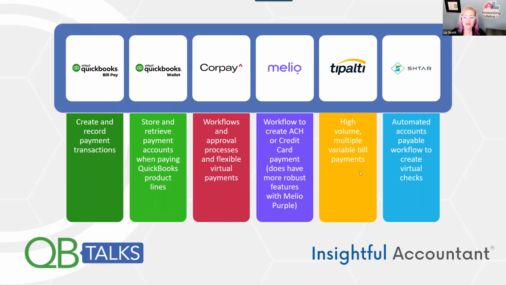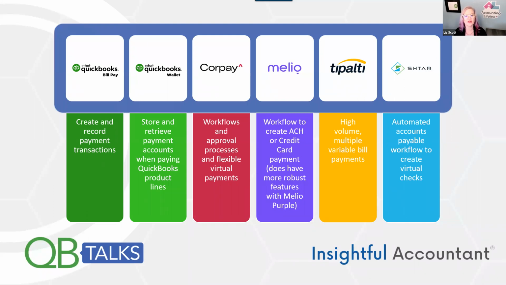And then Tipalti is going to be for those high volumes. If you think about larger businesses that are going to need more features than some of your other kinds of clients, sometimes your mid-level firms would be a fantastic fit for Tipalti. So if you're somebody who's using QuickBooks Online Advanced, then Tipalti might be the solution you want to look at.